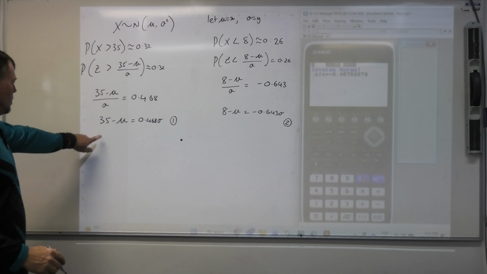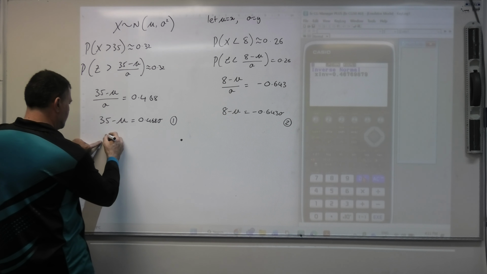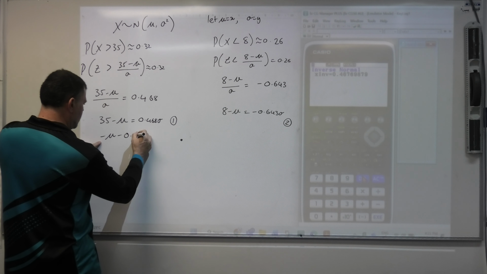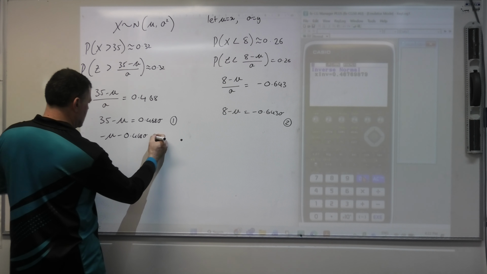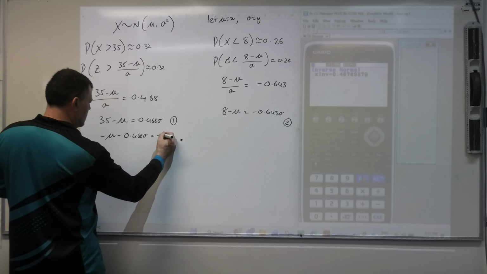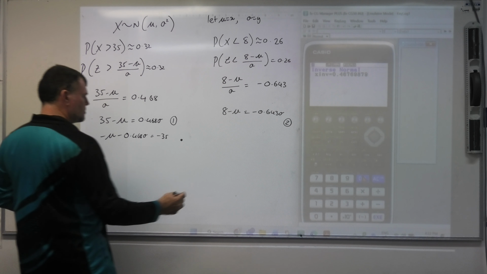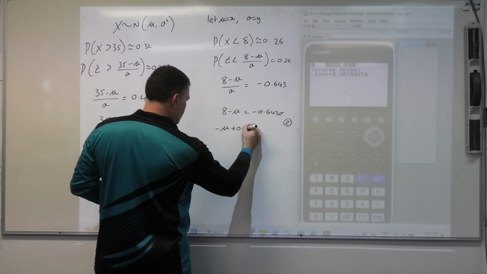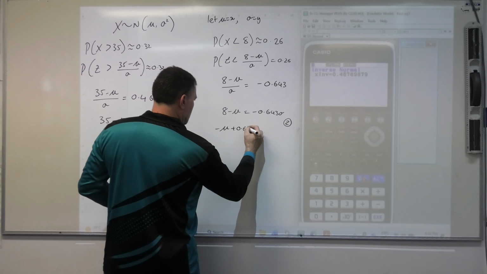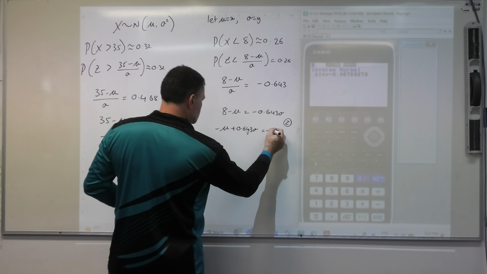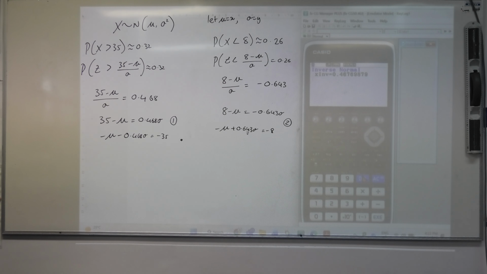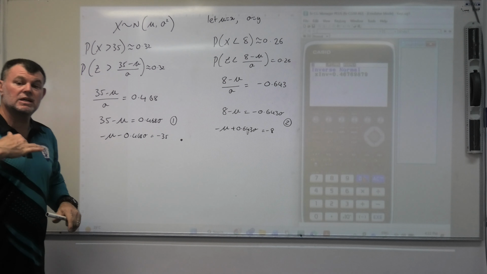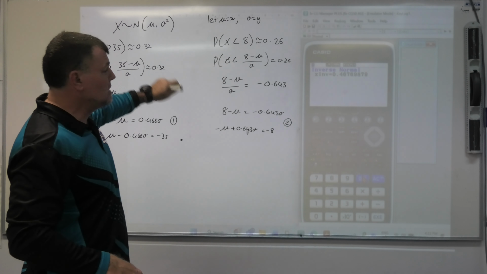So in this case, we're going to have negative mean minus 0.468 deviation is equal to negative 35, and negative mean plus 0.643 deviation is equal to negative 8. So now we can simultaneously solve both of these equations to find out what our mean and deviation are going to be.